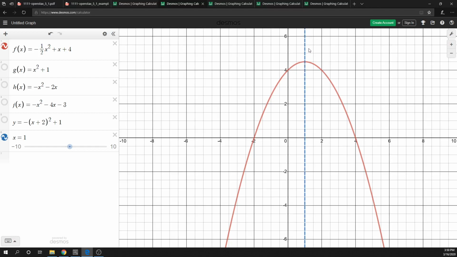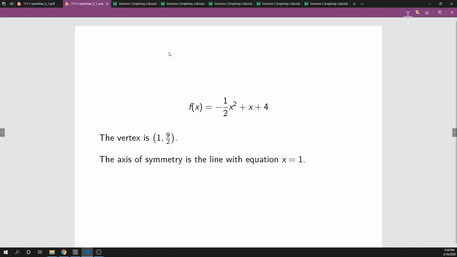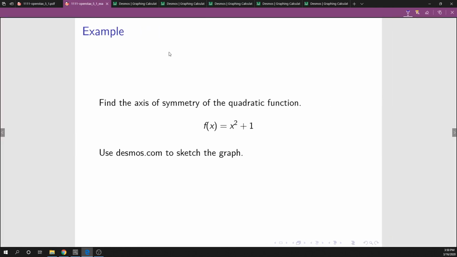If you printed this out on a piece of paper and folded that paper exactly along the axis of symmetry, every point on this side of the parabola would exactly line up with exactly one point on the other side. In other words, it's a mirror image from this side to the other side of the parabola. So it's pretty straightforward. Once you find the vertex, it's pretty easy to find the axis of symmetry.